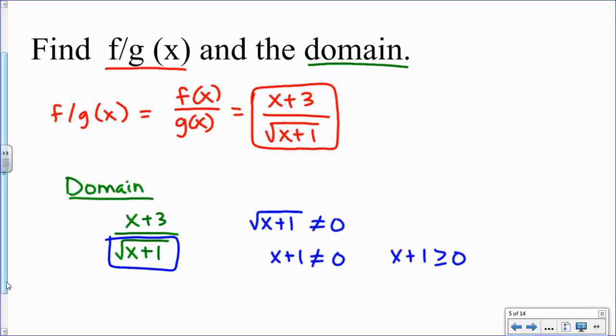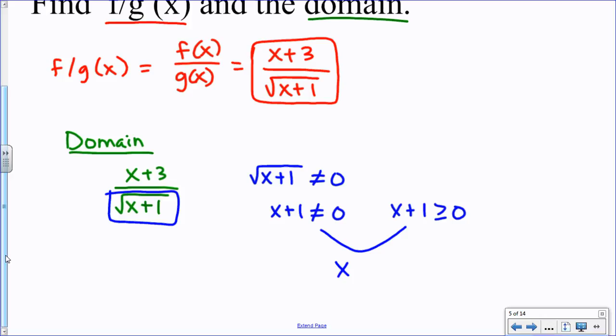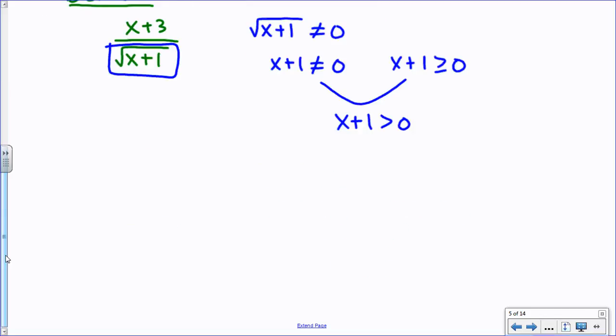But since they are in the same place, you have the radical and the denominator, then we're able to put these together and just say that x plus 1 is greater than 0. So you take off the equal to part since it can't equal 0. So that means x must be greater than negative 1.